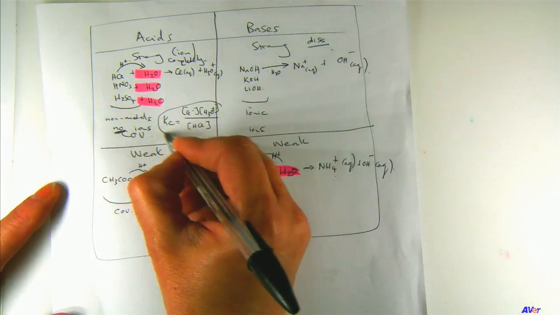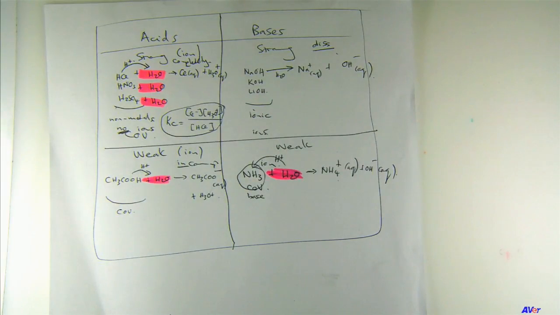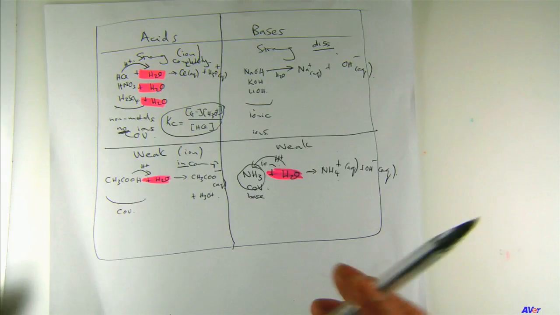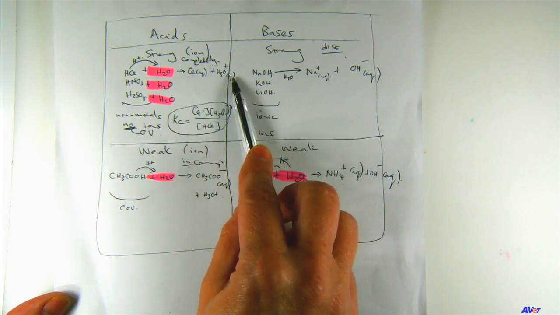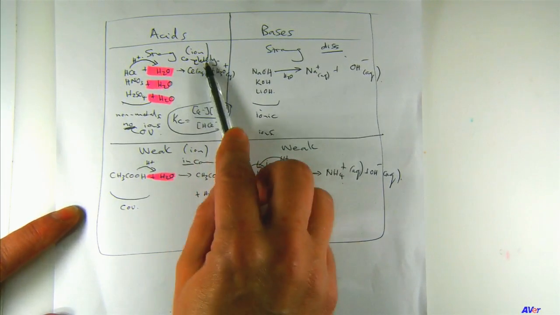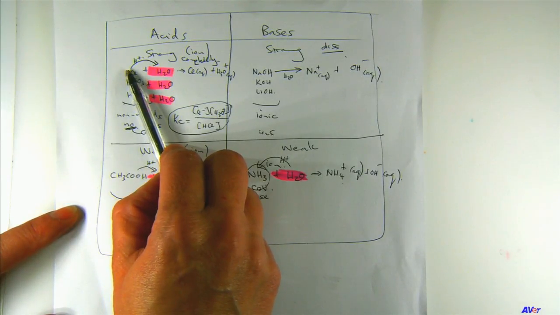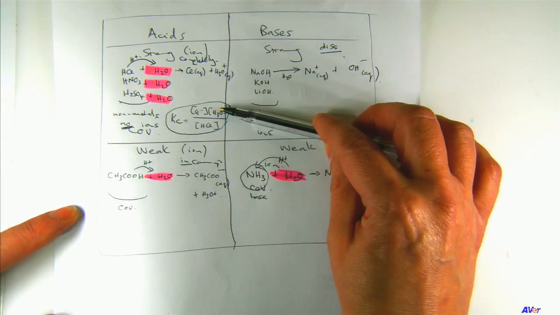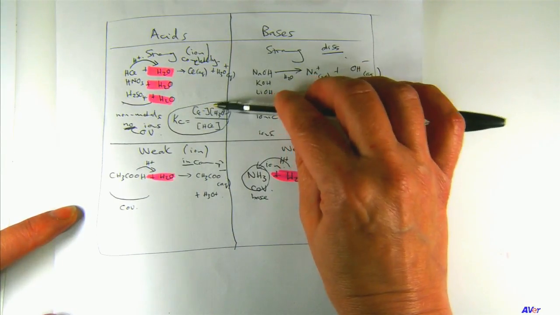Now, if you look at that one, is that going to have a big value or a small value? Big. Because what we said is everything is going over. So on that side, you have a big number, and on this side, you have more or less 0, right? So the top one is very big because it ionized completely. Most of it ends up in the product form.